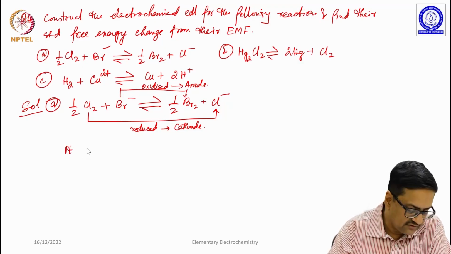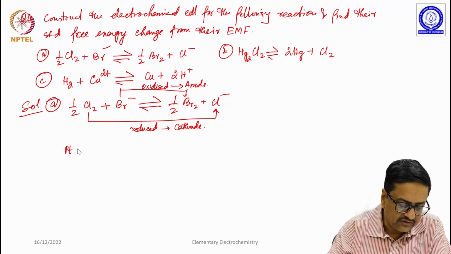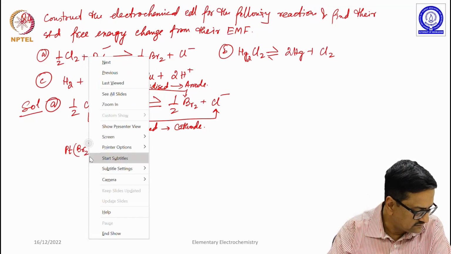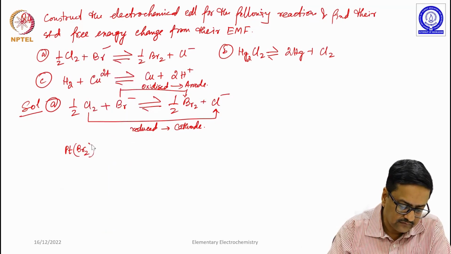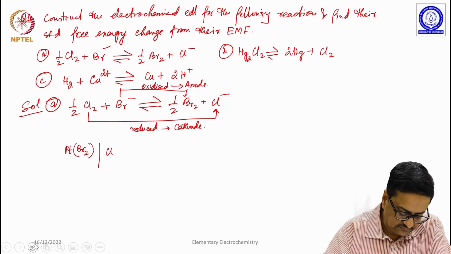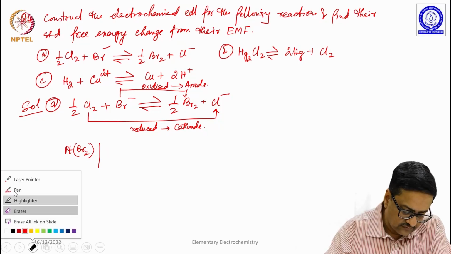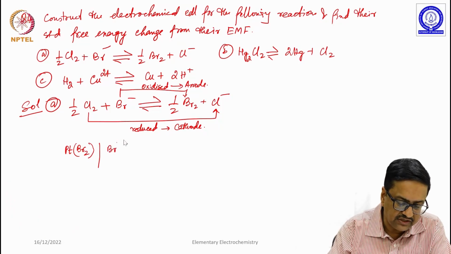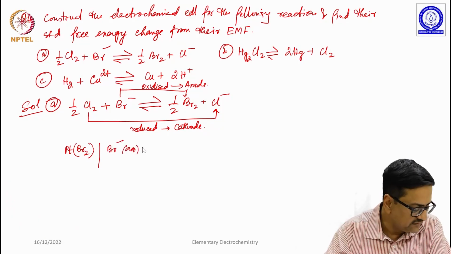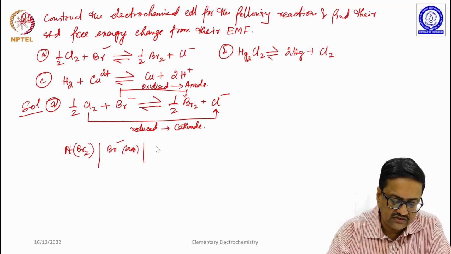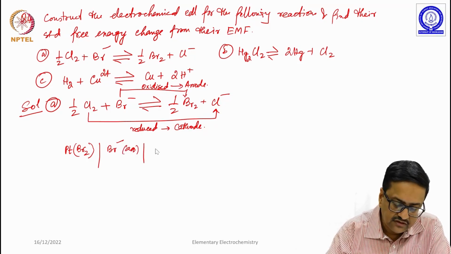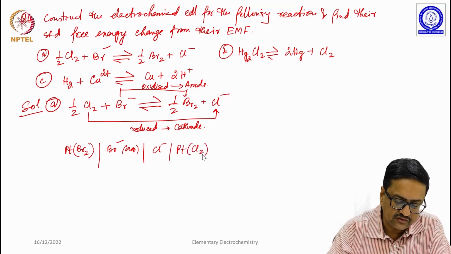platinum is in equilibrium with bromine gas, and the solution contains Br minus in aqueous medium. It is in contact with Cl minus with platinum with chlorine.